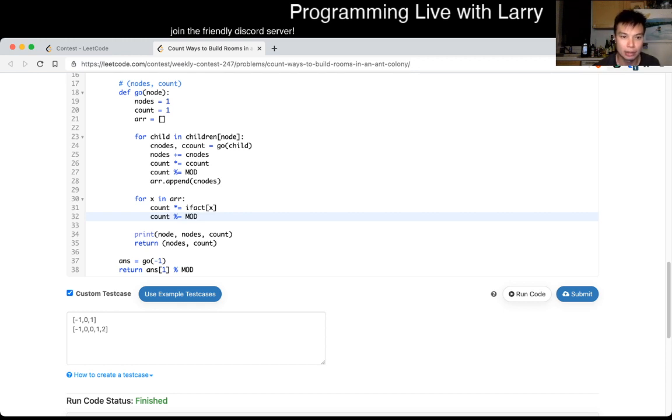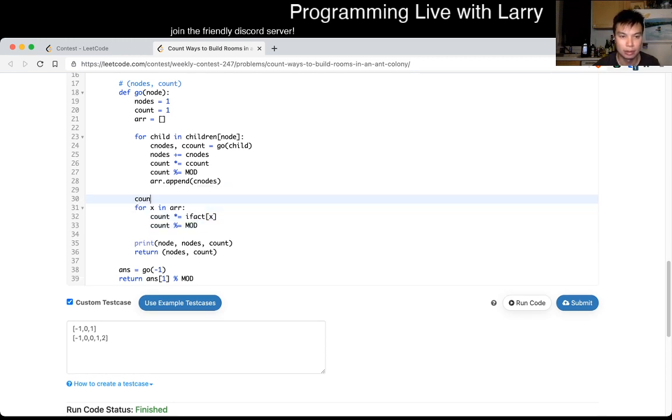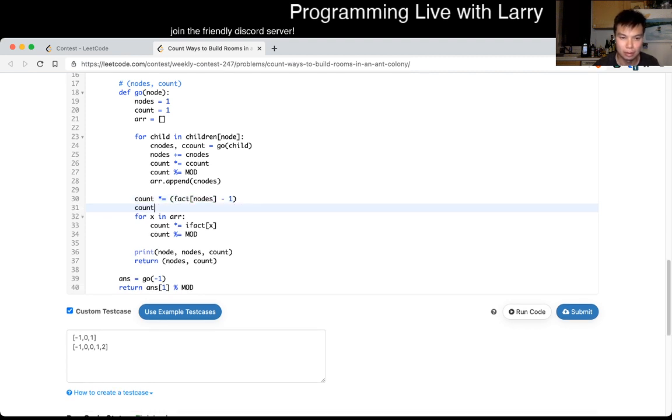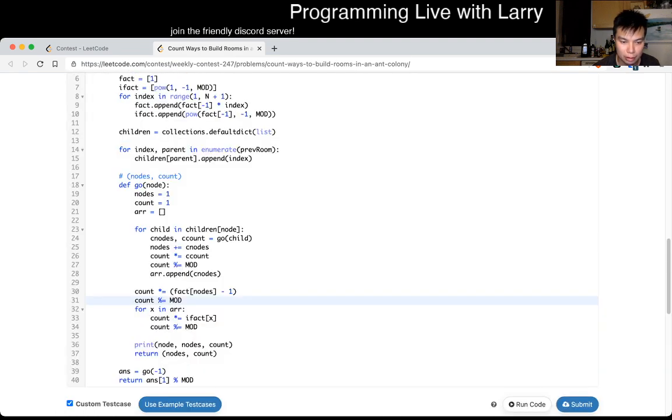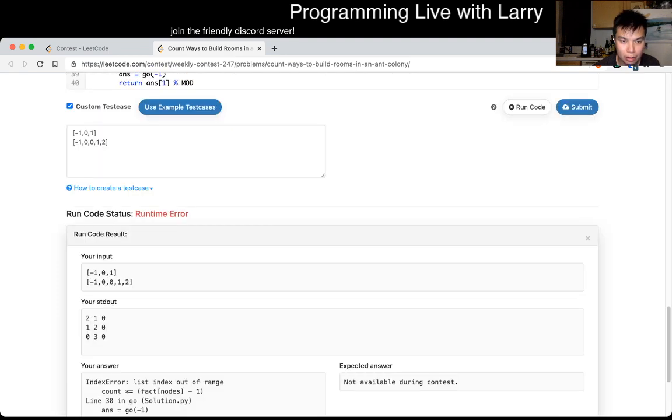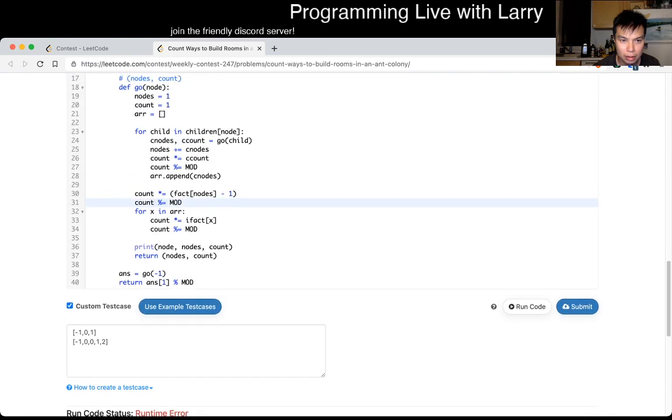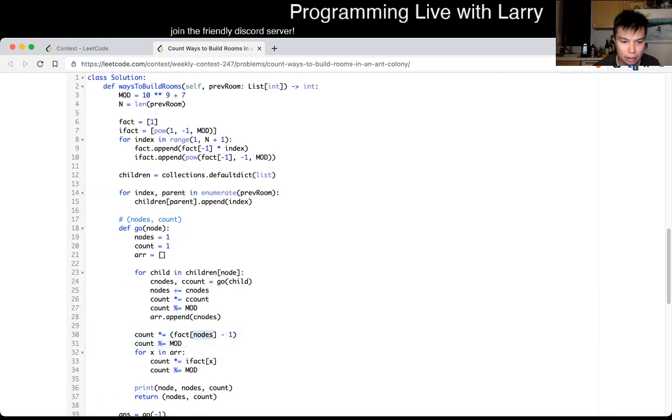multiplied by n factorial. Well, -1. Well, that's unfortunate. Really? Why?